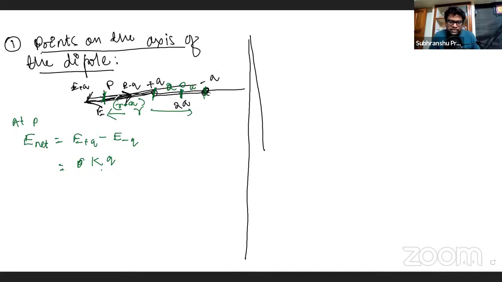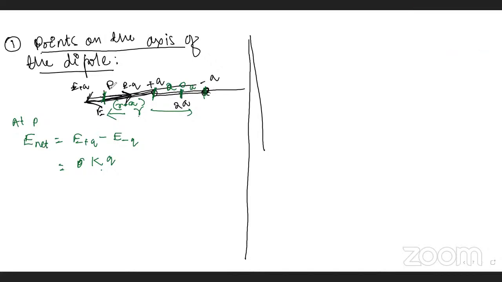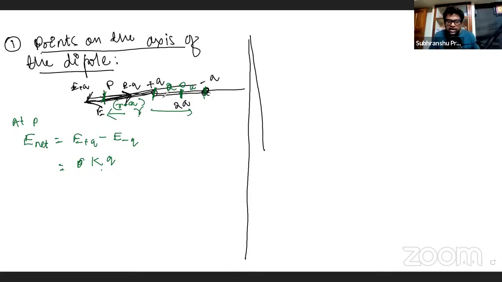Now from O to P, the distance is r. So what will be the distance from P to plus q? It is r minus a.